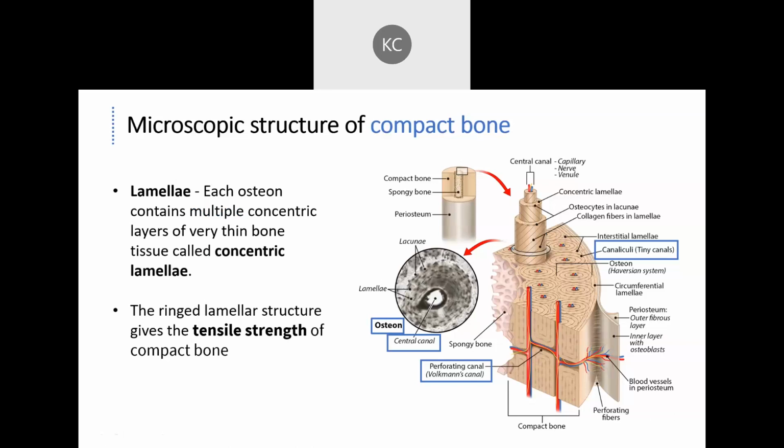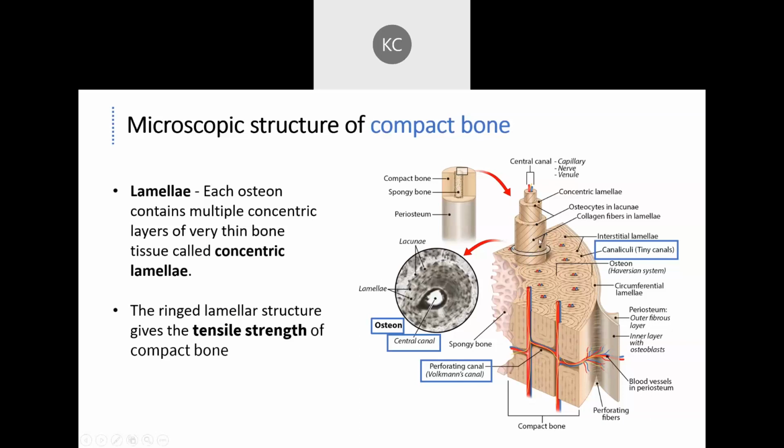This lamellar structure, this circular group of rings, gives bone its tensile strength, and these are made up largely of collagen fibers. If you go over to the right in this image, you can see the direction that these fibers are running. These are the collagen fibers in the lamellae. Some are running down and to the right, some are running down and to the left.